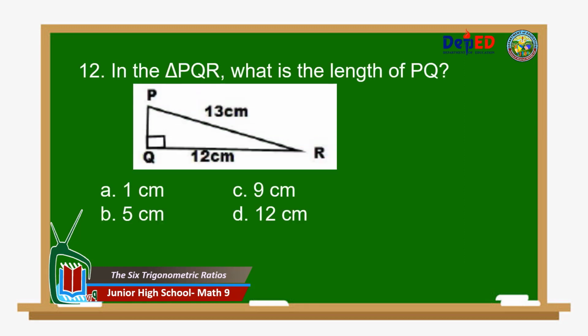In the triangle PQR, what is the length of PQ? A. 1 centimeter. B. 5 centimeters. C. 9 centimeters. And D. 12 centimeters.